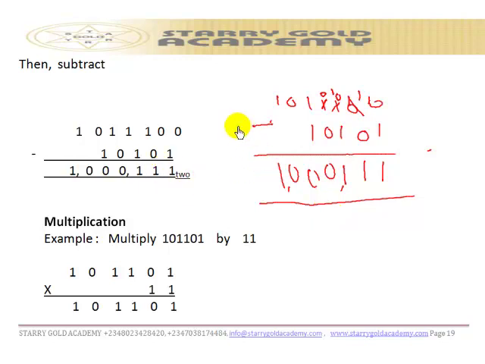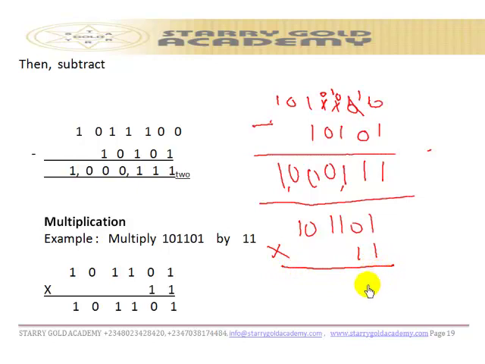We have multiplication and division. So you have to multiply 101101 by 11. Many of us are familiar with this kind of multiplication. You have 1 times 1.